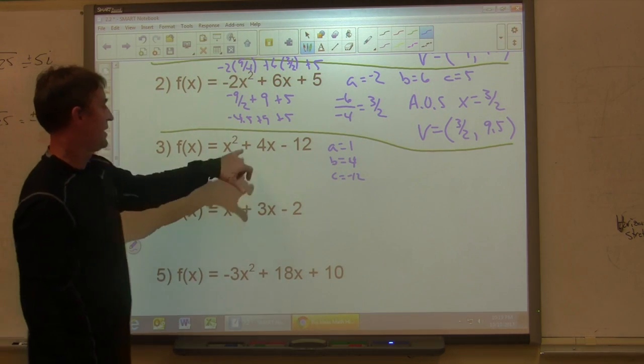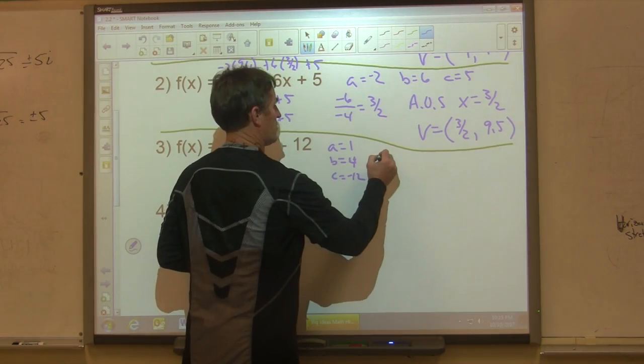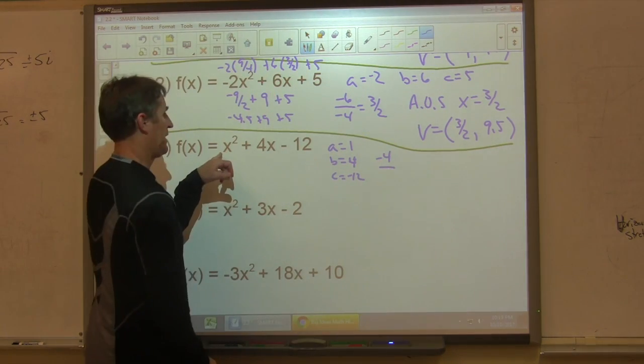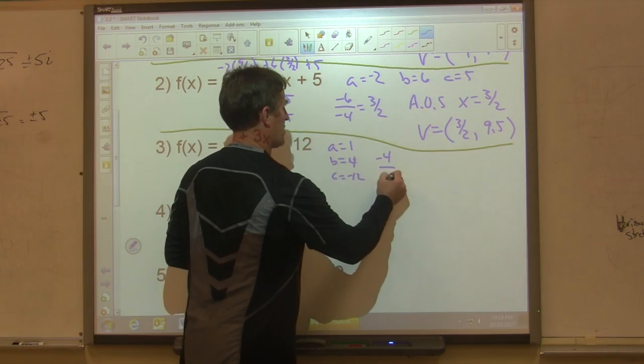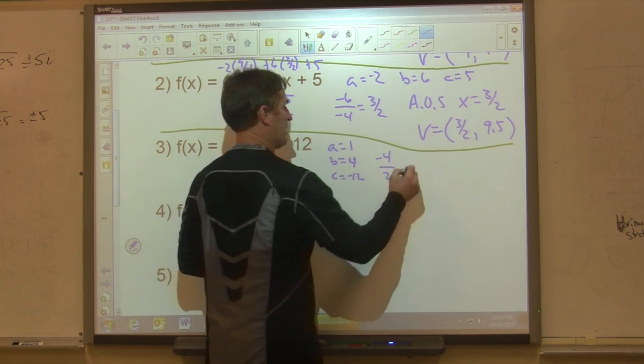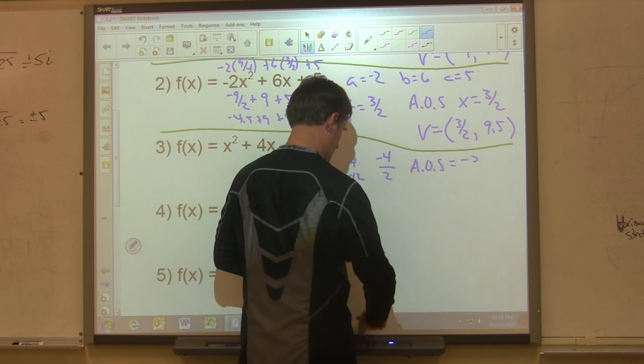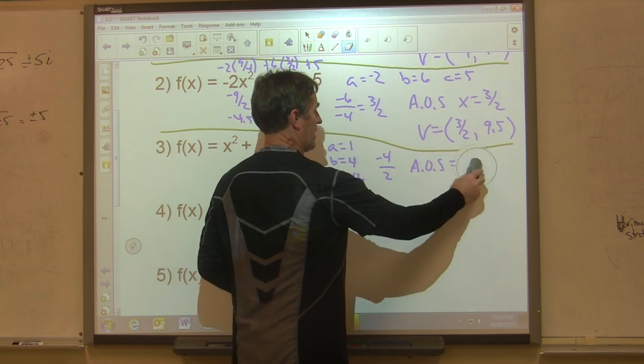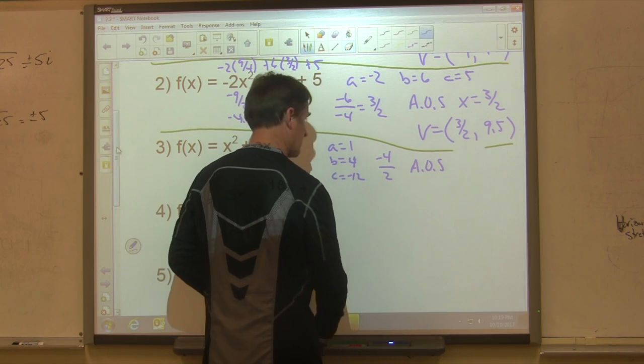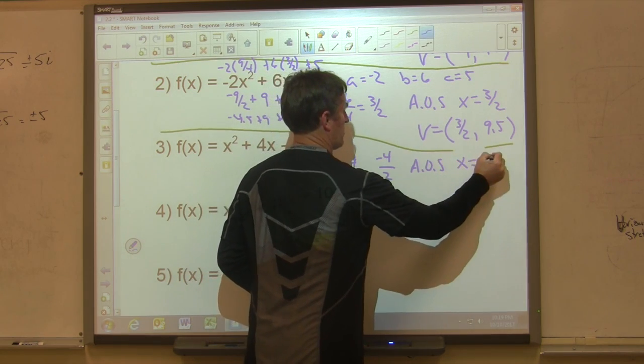So, -b, so -4 divided by 2 times A, 2 times 1 is 2, and so -4 divided by 2, so our axis of symmetry is x equals -2. Always want to put that x equals.